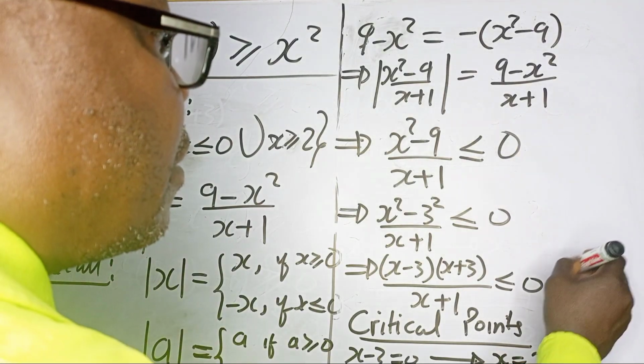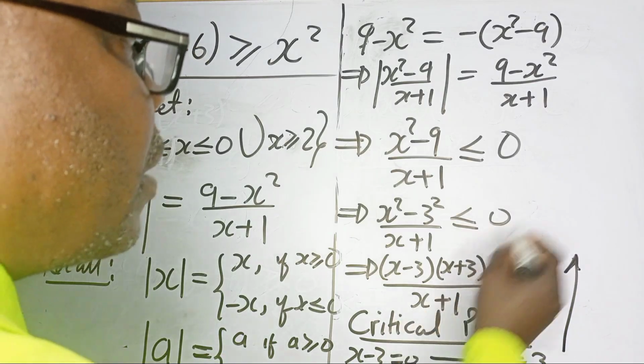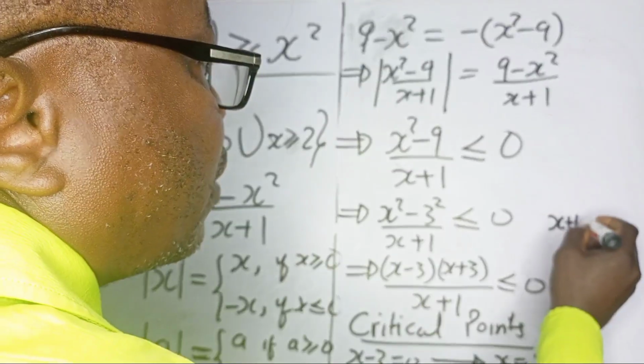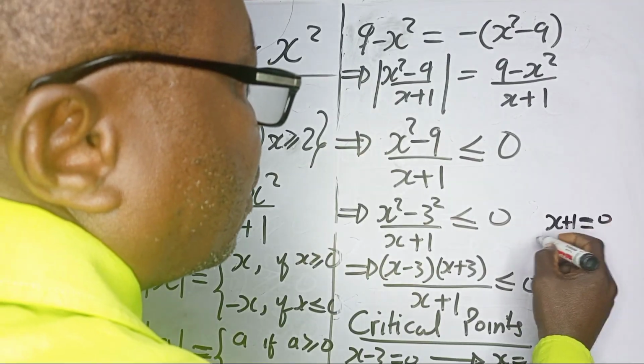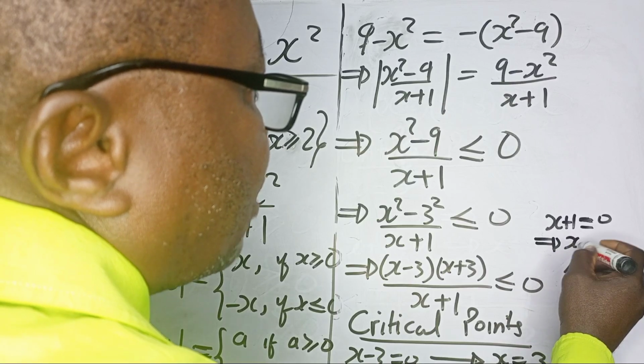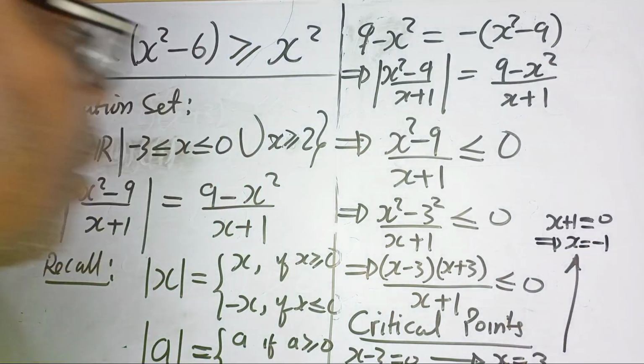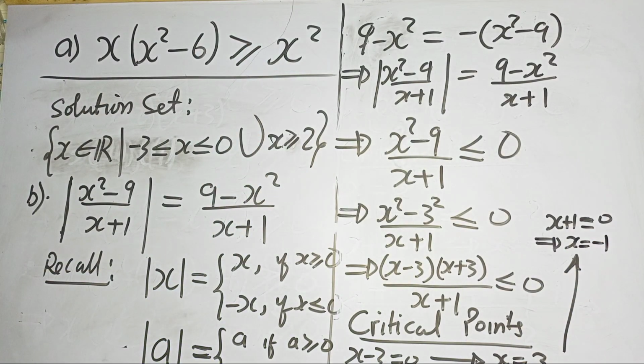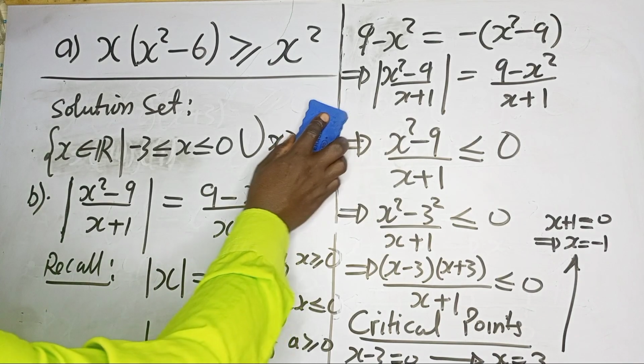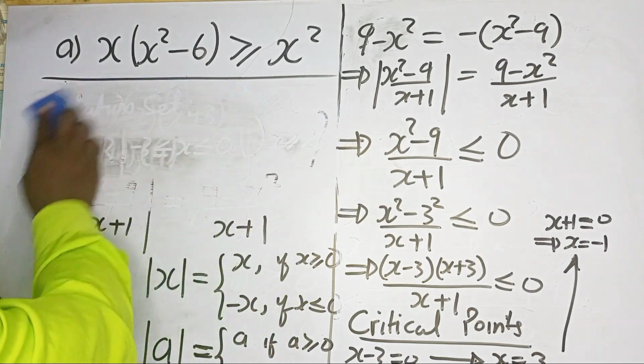And if we also set x plus 1 to 0, our last critical point will be x equals negative 1. So our critical points are x equals 3, x equals negative 3, and x equals negative 1. Now let's put them on a number line and carry out our analysis.